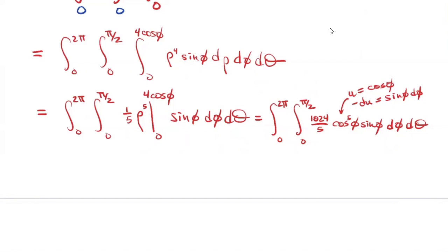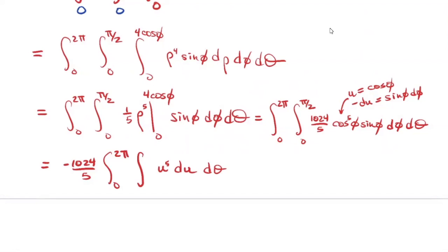So I'm expecting my lower limit to be on top and the upper limit on the bottom after the change of variables. We'll have negative 1024 over 5, integral from 0 to 2 pi, and a u to the 5th du, and then a d theta.